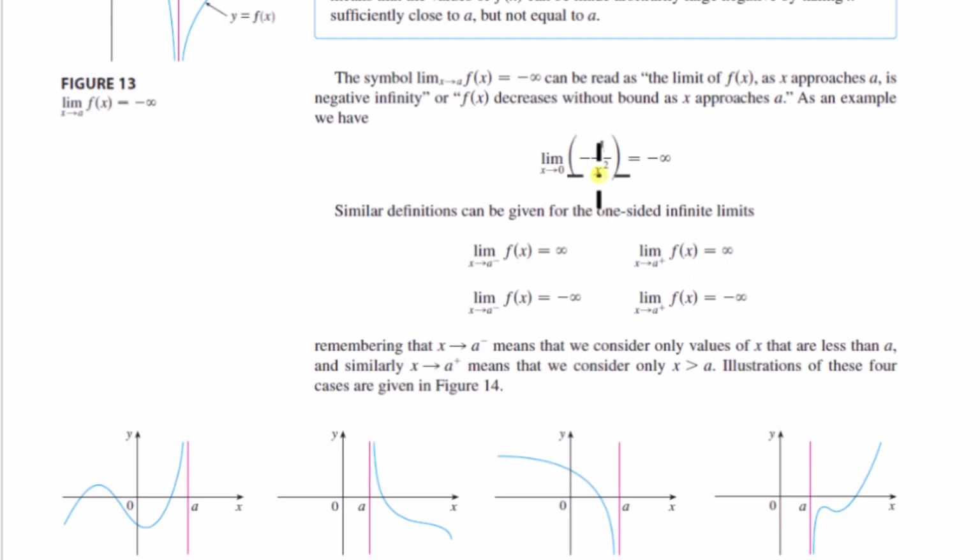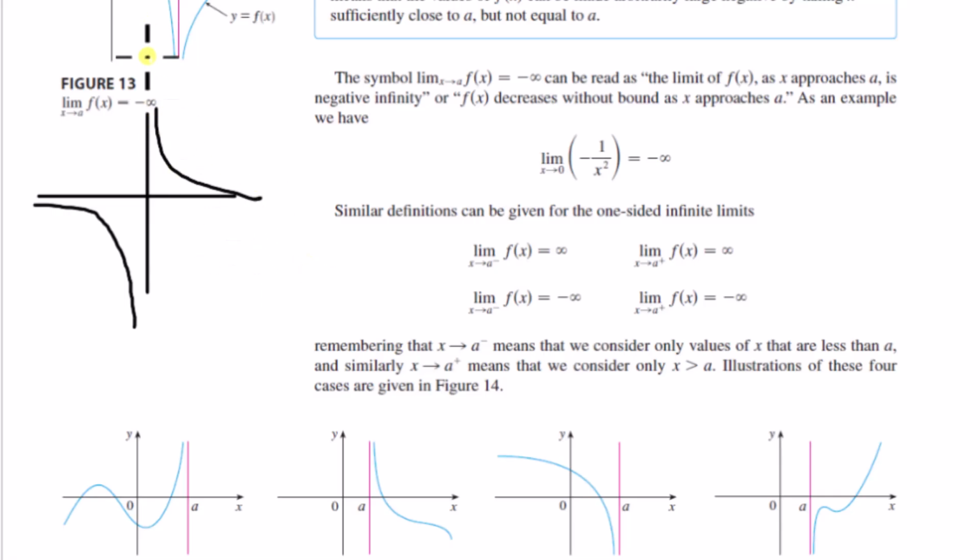Okay? But now for the case that I mentioned, the limit as x approaches 0 of a function like this also doesn't exist, but you can't specify that the limit is equal to positive or negative infinity because you're not approaching positive infinity on both sides or negative infinity on both sides.